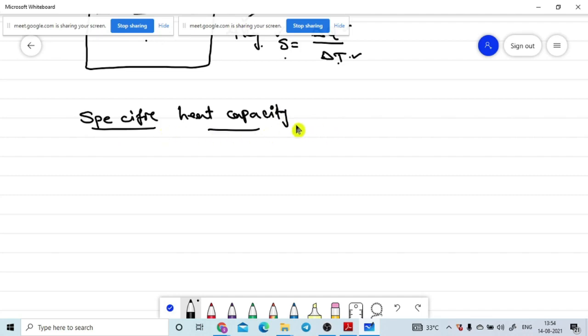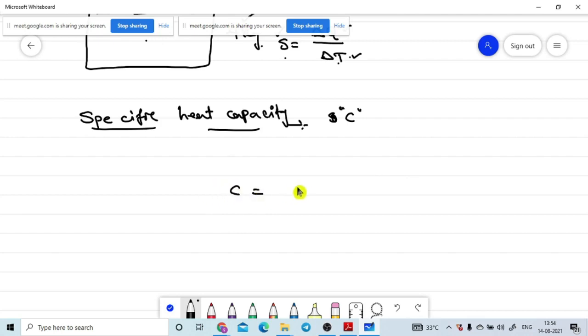The specific heat capacity is denoted with the small s. Don't confuse here, they may give it otherwise. Let me go to this specific heat capacity with C. Let me write the mathematical formula for the specific heat capacity.